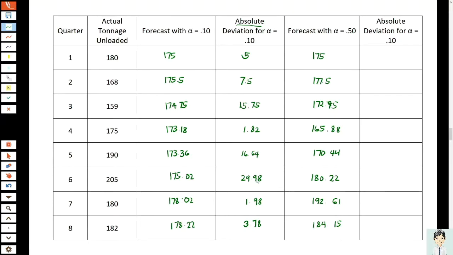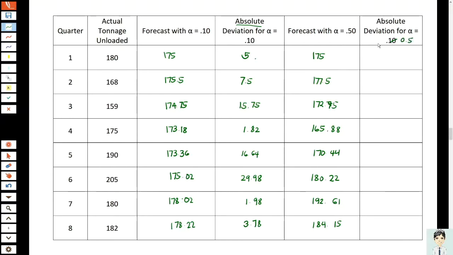Now, it is pre-computed para mabilis yung discussion natin. So, ang gagawin lang natin sa absolute deviation or the forecast error natin, yung actual minus the forecast, ito yung magiging sagot natin dito sa deviation.